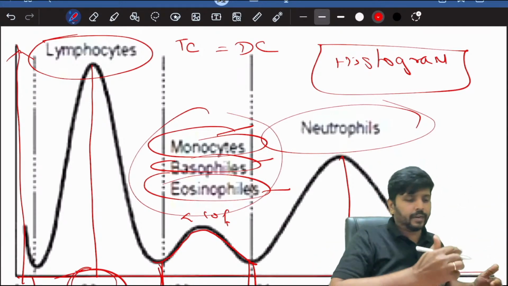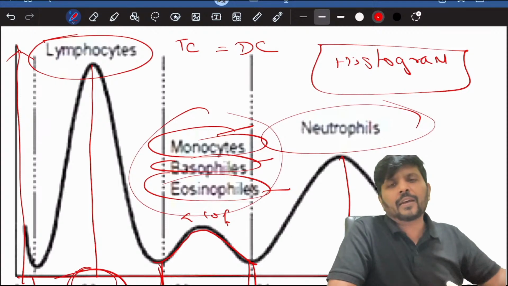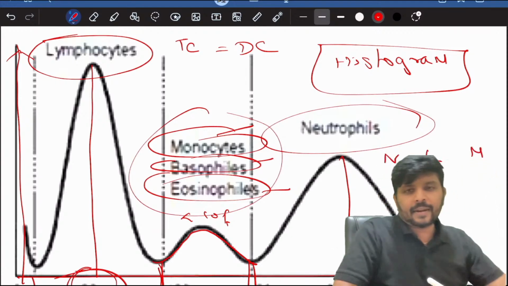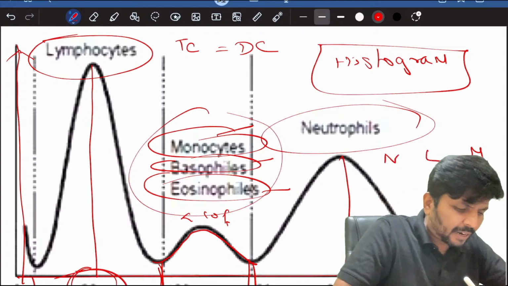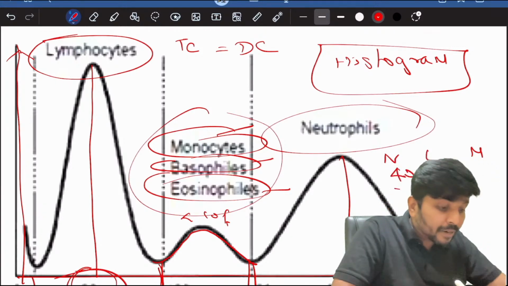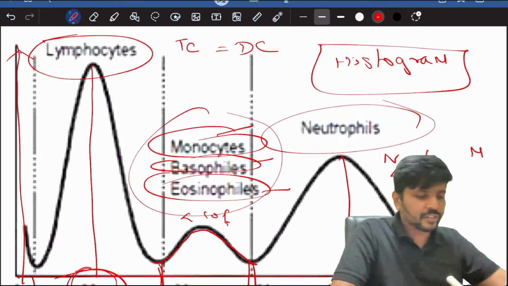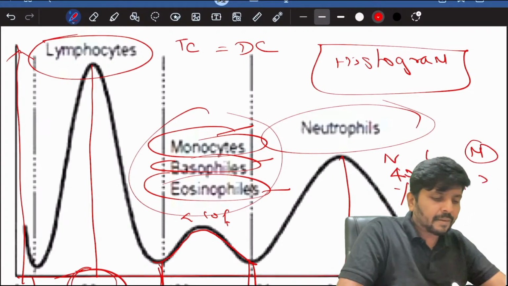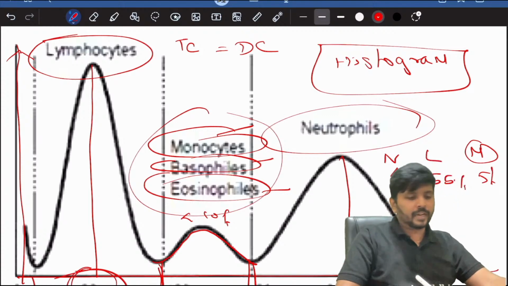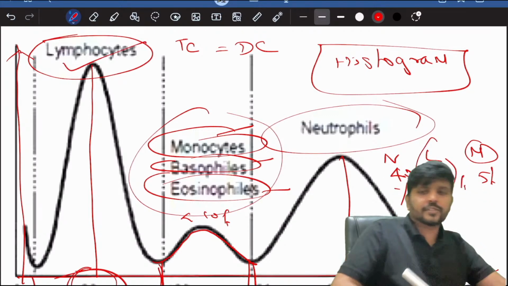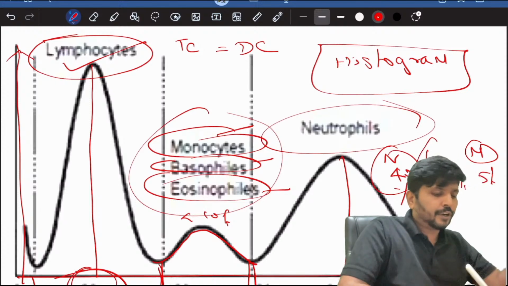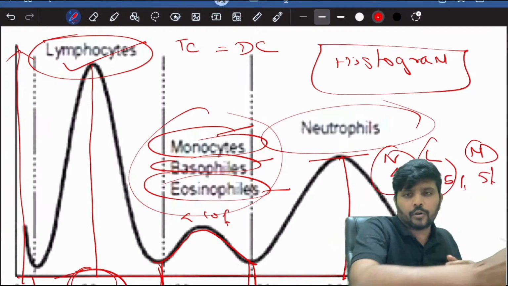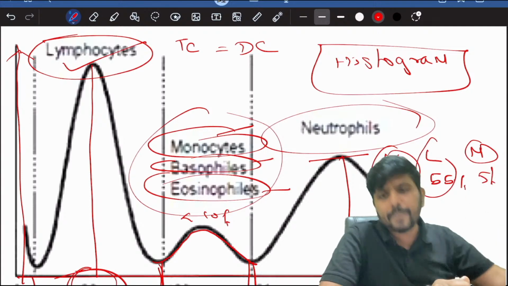I repeat, our PGs used to write N, L, M. N means neutrophil percentage, somewhere around 40%, L means lymphocyte, somewhere around 55 percent, and finally mixed somewhere around 5 percent. That means the lymphocyte contribution is highest, then the neutrophil contribution, and the least is by monocyte, eosinophil and basophil.